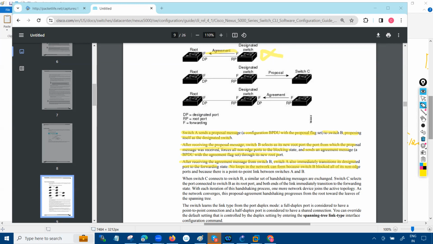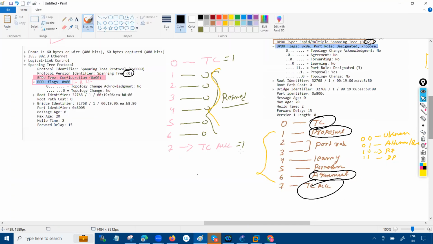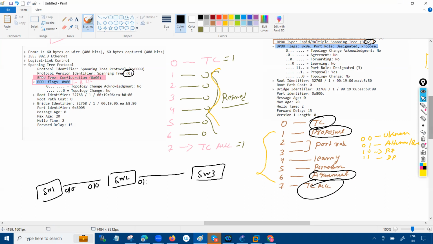Take an example, if they will not block this port. Let's see what happens in this scenario. We have switch 1, switch 2, and switch 3. If I do the election on every segment simultaneously, try to understand this concept.